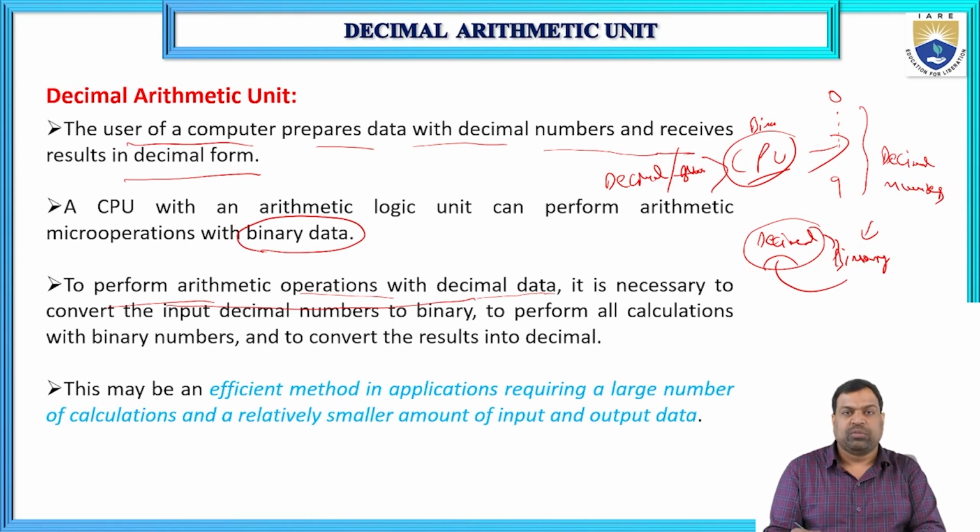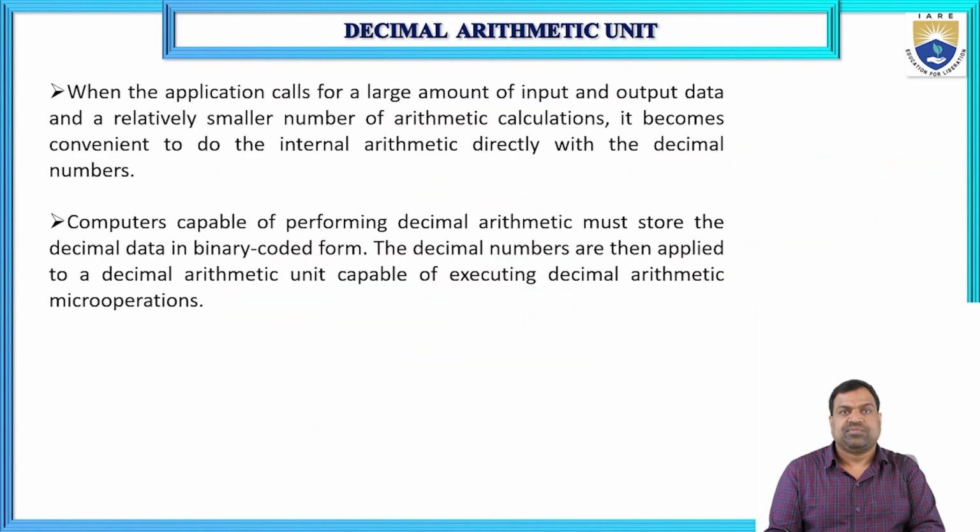In between, after the input, decimal is converted to binary, and before the output, binary is converted to decimal. So, when the application calls for a large amount of input and output data and a relatively smaller number of arithmetic calculations, it becomes convenient to do the internal arithmetic directly with the decimal numbers.